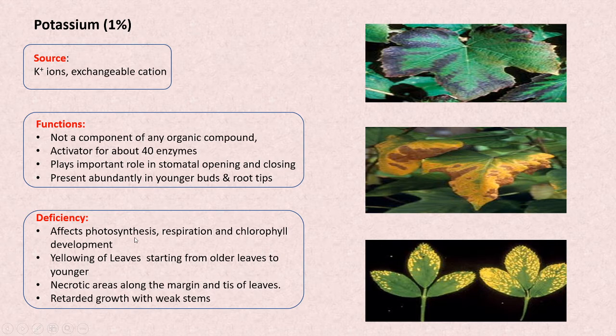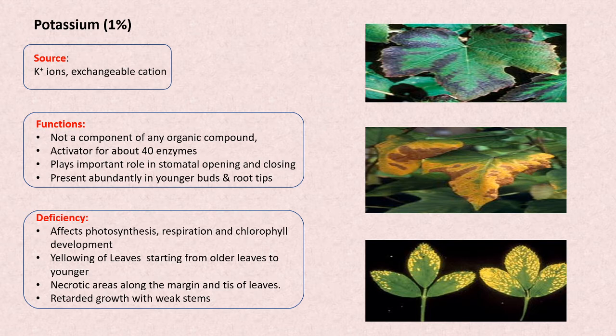You might have learned that potassium K plus ions are very much important for closing and opening of stomata, thereby regulating the entry of carbon dioxide through stomata. So in that way, it affects the photosynthesis. Okay, and chlorophyll development also, it plays an important role.